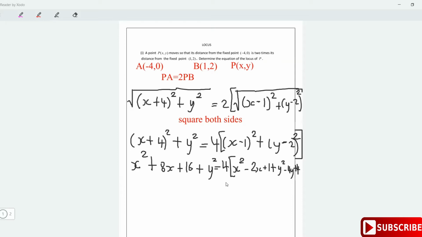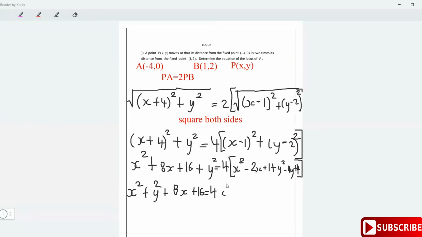So now what we're going to do is simplify this by expanding the bracket with the 4. I'm going to group them in descending powers. So from the squares first, I have x squared plus y squared plus 8x plus 16, and that is now equal to 4 times x squared, which is 4x squared.